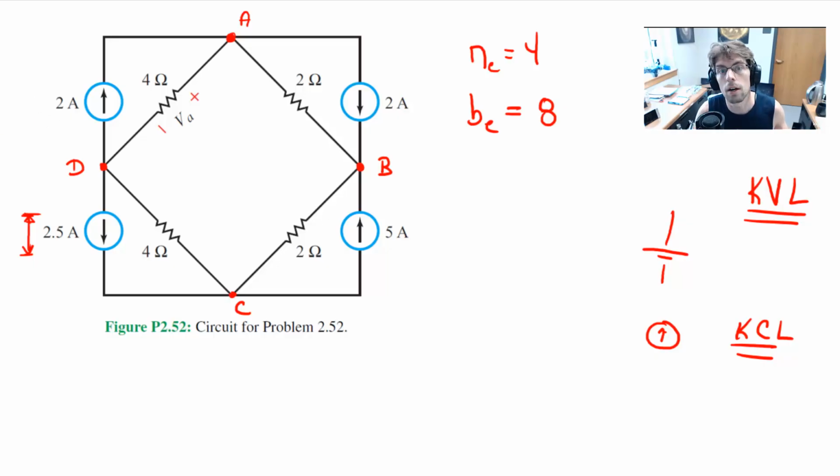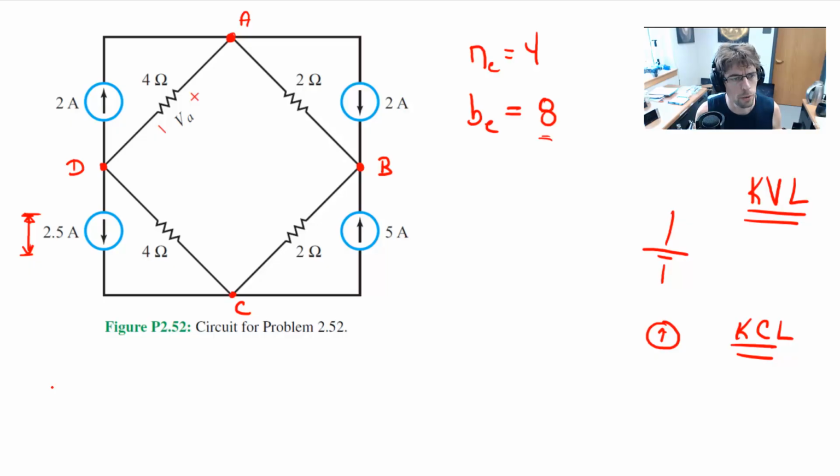So 4 of the unknowns that we will have to find are the currents through each of the resistors in that diamond shape. And the other 4 unknowns that we'll need to find, let's go ahead and find everything, are the potential drops across these current supplies. So just bear that in mind where those come in.